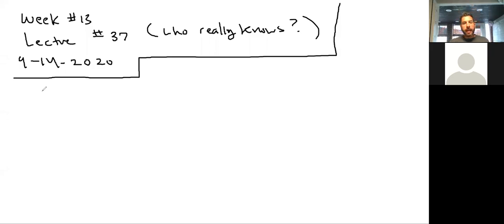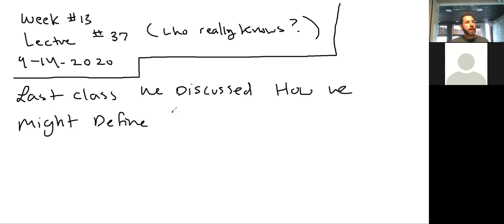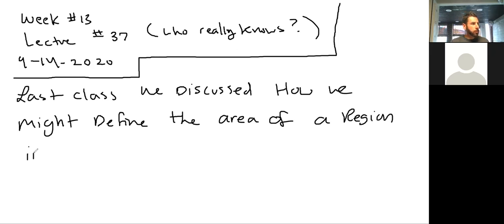So what we did last time we met is we did the following. Last class, we discussed how we might define the area of a region in the plane.